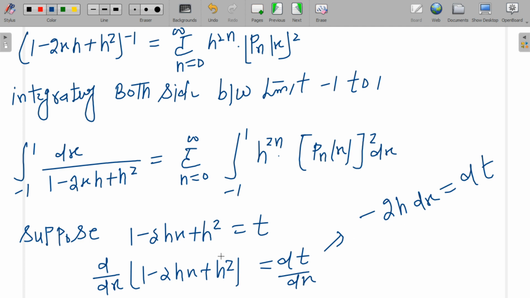Clear? If you have any doubt, you can directly ask me. I am differentiating with respect to x. 1 is a constant, so its differentiation is 0. Similarly, differentiating h² with respect to x is also 0. This is the fundamental formula of differentiation, you know very well.